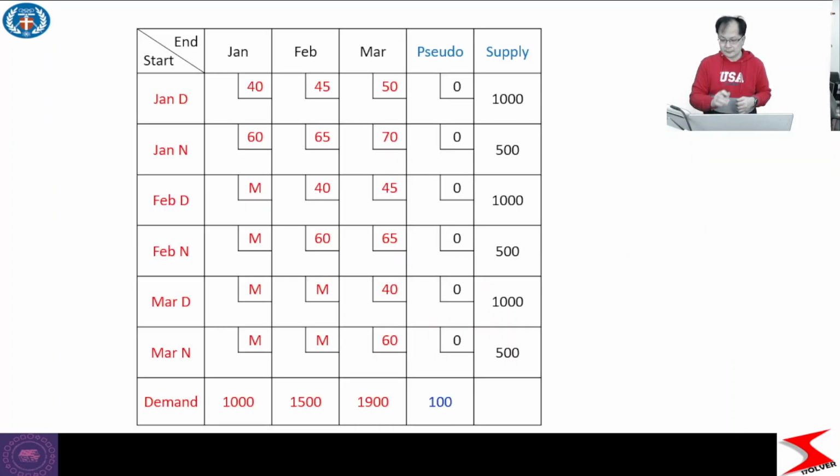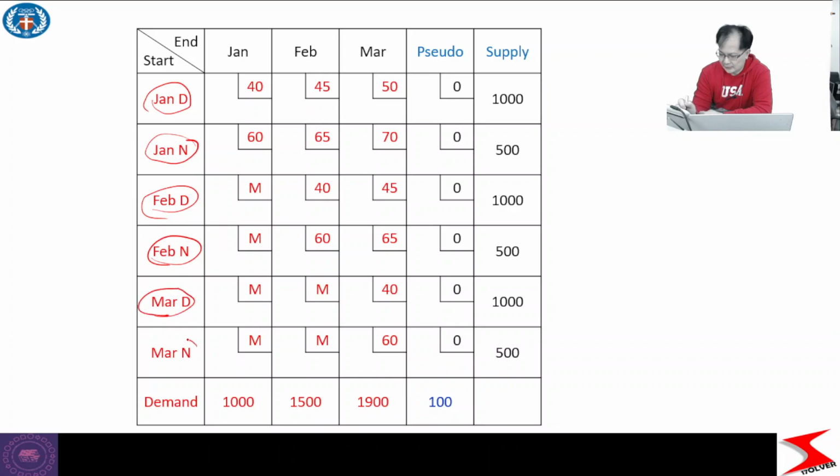Basically, we can transfer our description into a table as well. The start points are daytime in January, nighttime in January, daytime in February, nighttime in February, daytime in March, and nighttime in March.